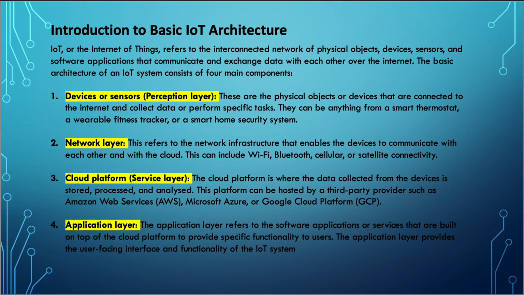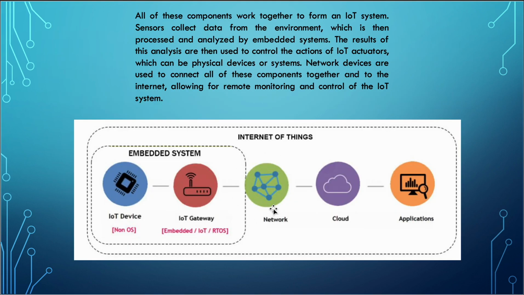Then we talked about the network layer, where all these devices are connected together and will share data between each other to work together. Then again, the cloud and the applications would be there. The application layer is, of course, there for humans to interact with the IoT system. The cloud layer is there for shared resources of processing power, storage, and so on. So this makes Internet of Things.